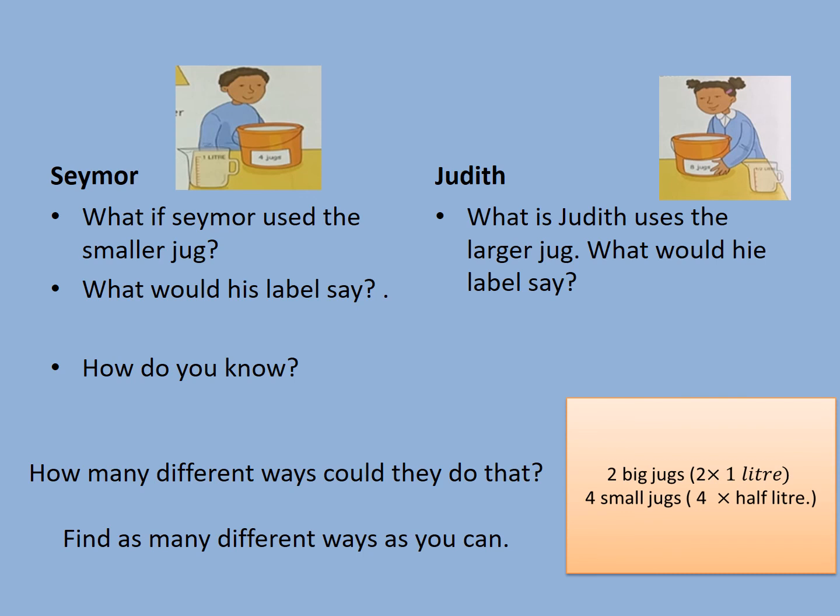Now, what if Simo uses the small jug? Okay, so how many times will he carry water to fill his bucket if he uses the small jug? He will carry water in the small jug 8 times to fill his bucket.